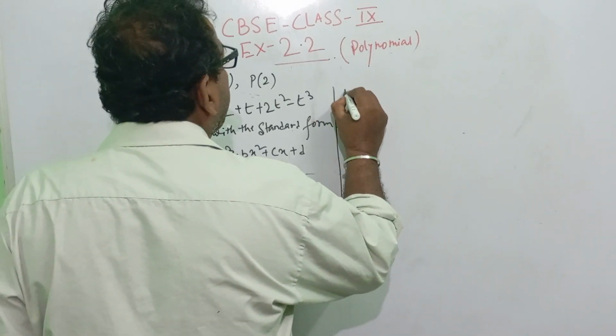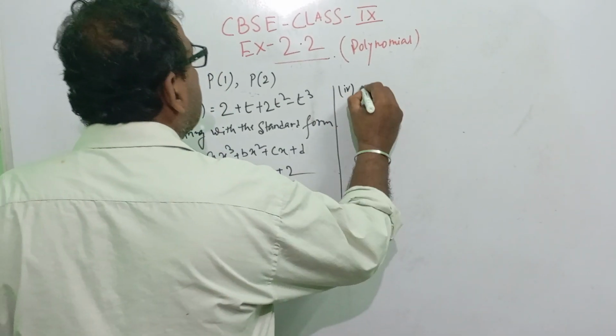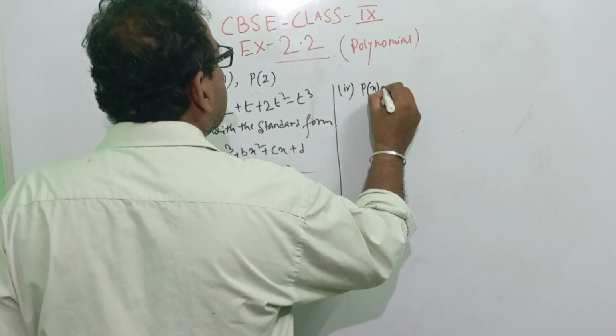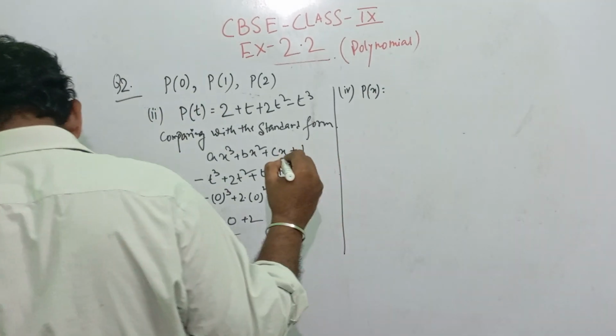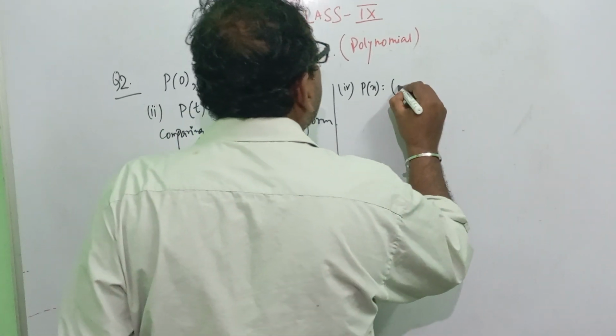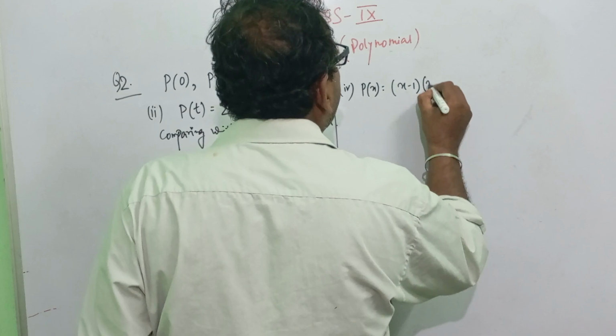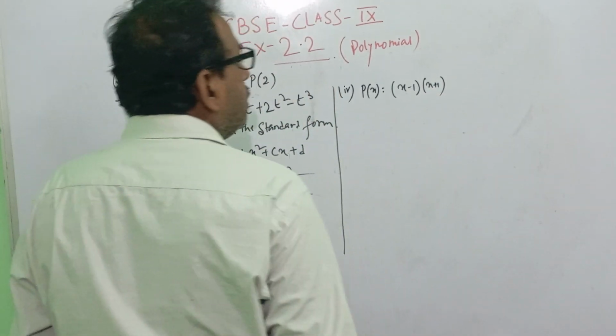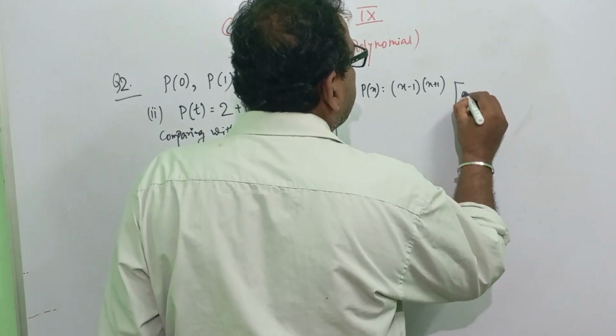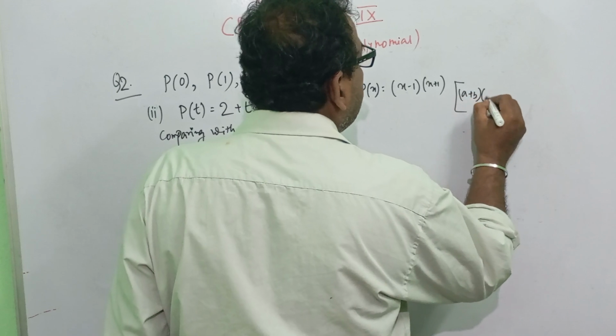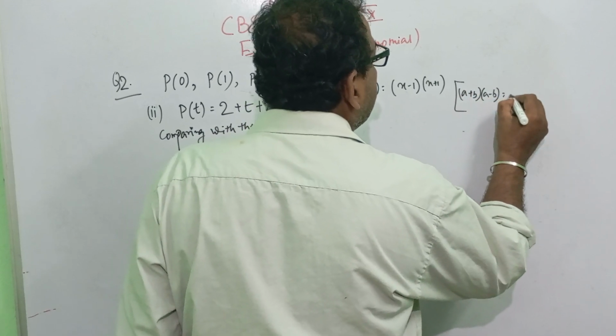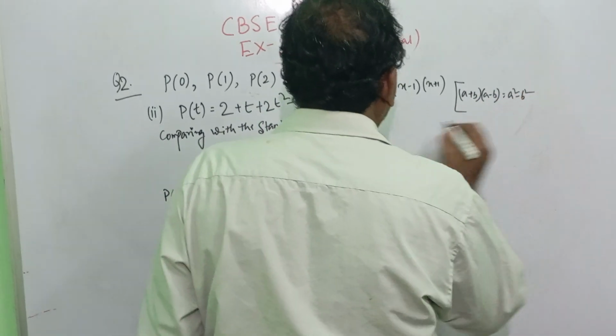Question number 4. p of x is equal to x minus 1 into x plus 2. Using the identity a plus b into a minus b is equal to a square minus b square.